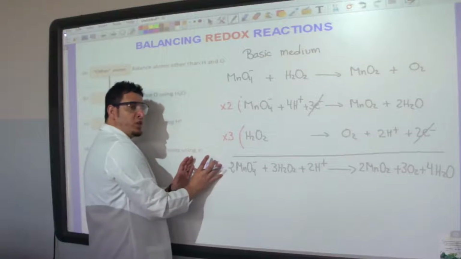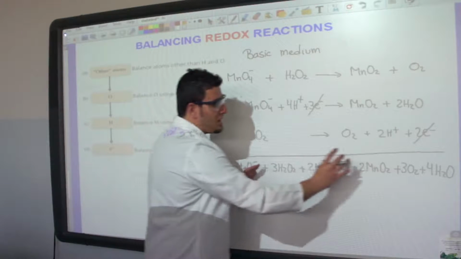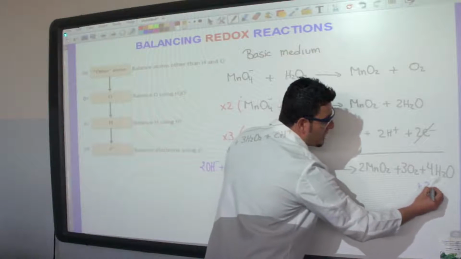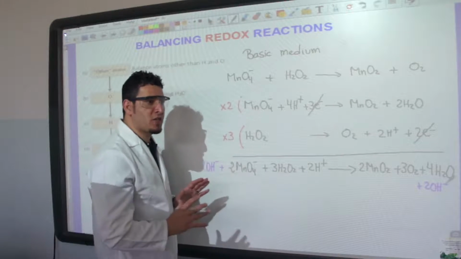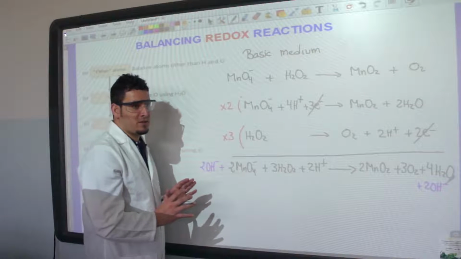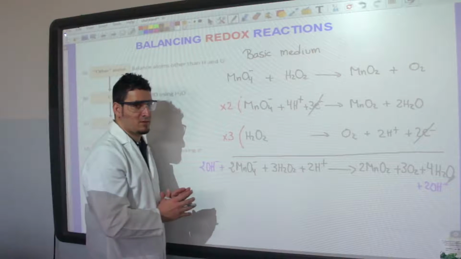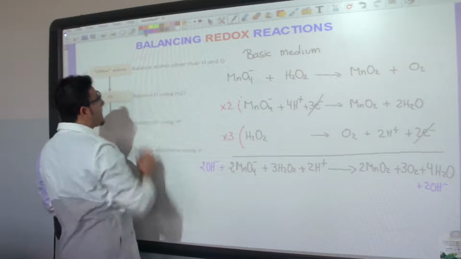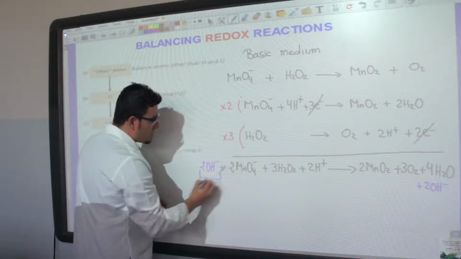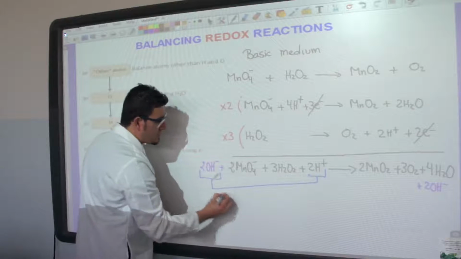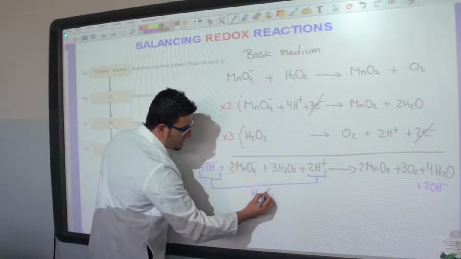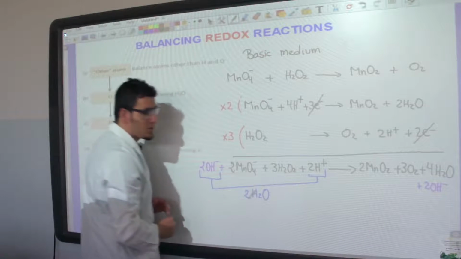But if I add 2 OH minus to this side, I also have to add 2 OH minus to this side. So basically, I did not change anything to this reaction. Now the 2 OH minus with the 2 H plus is going to give me 2 H2O molecules.